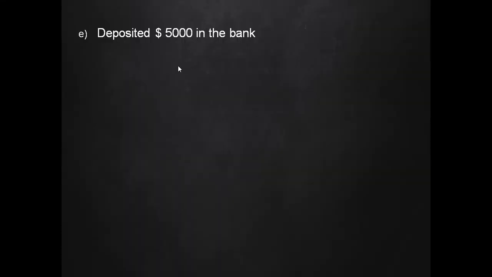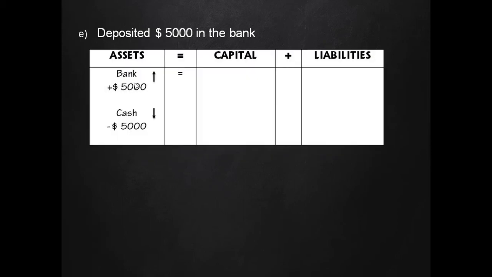E. Deposited $5,000 in the bank. Depositing money to the bank will reduce cash by $5,000 under assets, and the other asset called bank will increase by $5,000. Bank will increase by $5,000 and cash will decrease by $5,000. F. Paid creditors $20,000.